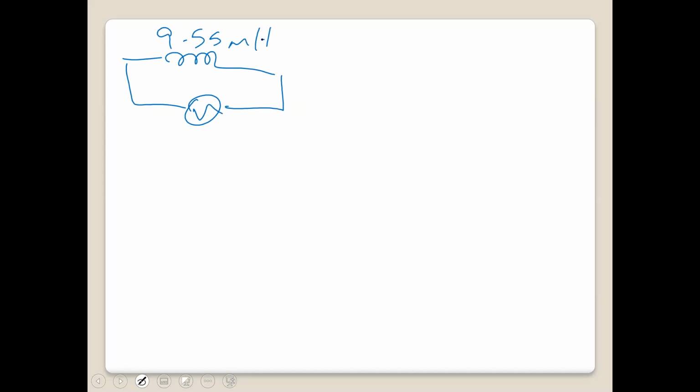Find the inductive reactance, which is 2 pi f L. F here is 50.